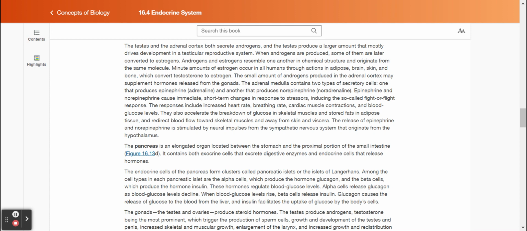The responses include increased heart rate, breathing rate, cardiac muscle contractions, and blood glucose levels. They also accelerate the breakdown of glucose in skeletal muscles and stored fats in adipose tissue and redirect blood flow towards skeletal muscles and away from skin and viscera. The release of epinephrine and norepinephrine is stimulated by neural impulses from the sympathetic nervous system that originate from the hypothalamus.